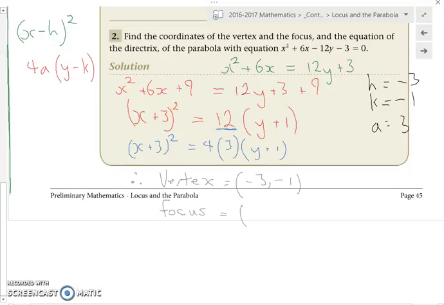A is the focal length, remember? So we've got the vertex. So the focus is going to be at minus 3 what? 3, okay. And the directrix is going to be what?